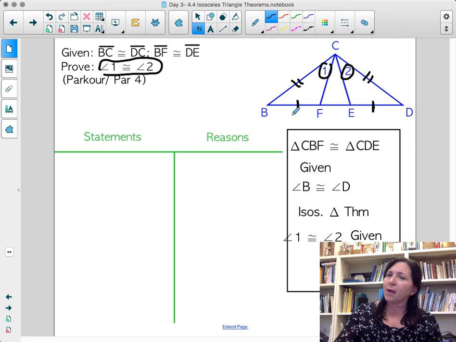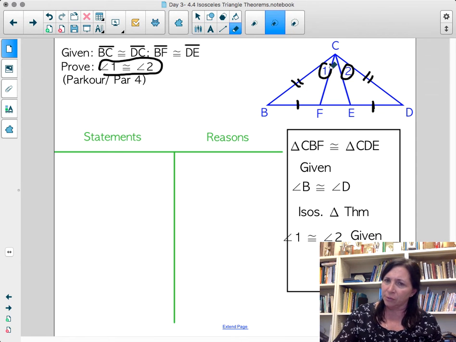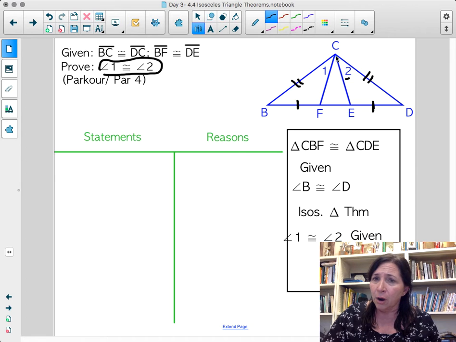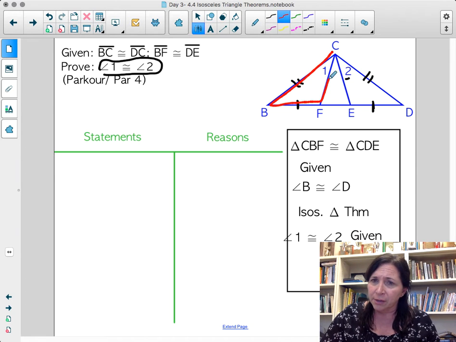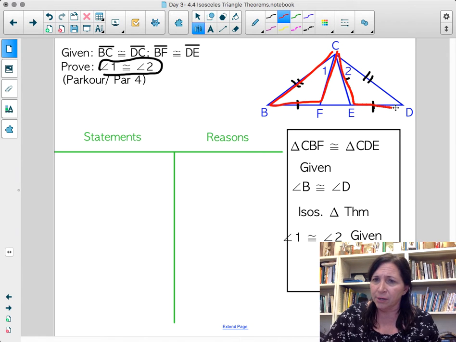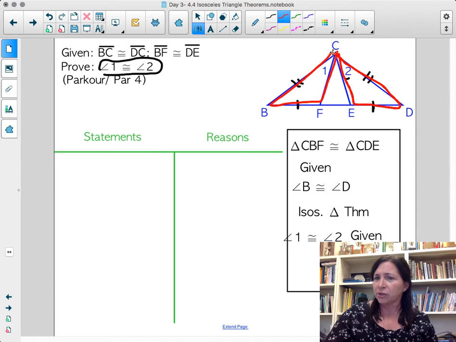For me to do that, I would have to prove that the two triangles are congruent. And the two triangles that I'm talking about are this triangle here and this triangle here. I need to prove that those two triangles are congruent.